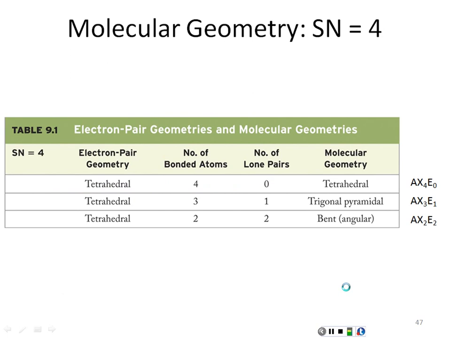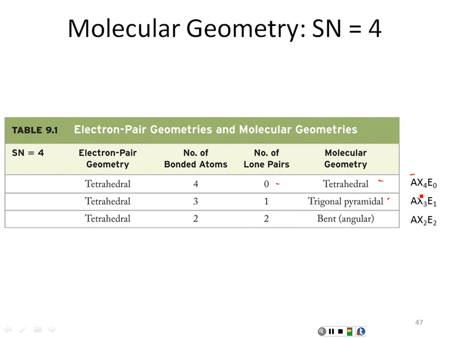So let's look at some molecular geometries. Let's look at a steric number of 4. If we don't have any lone pairs, molecular geometry is going to be tetrahedral, and the formula would be AX4. Now if we add 1 lone pair, that molecular geometry becomes trigonal pyramidal.